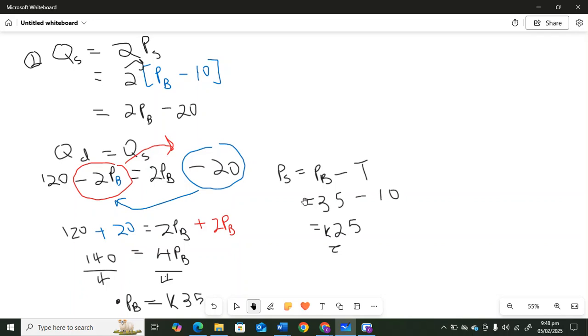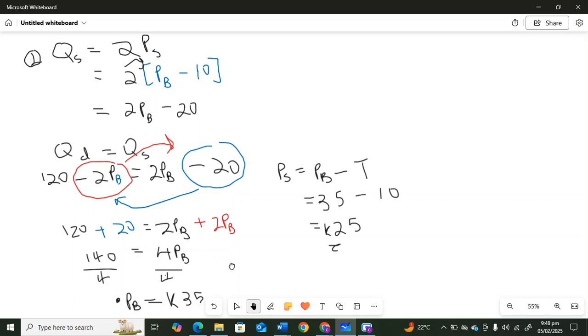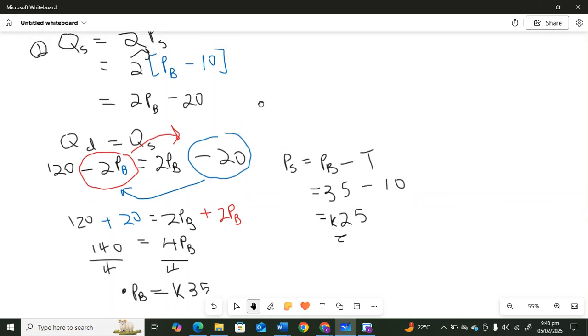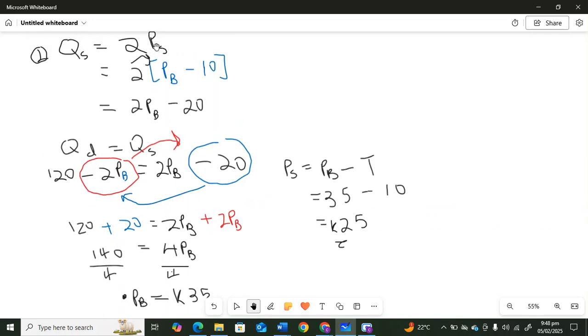Or if you want to use the PB, you can put it in this demand function or the adjusted supply function. So colleagues, which function should we put in to get our quantity? Should we put in the original supply function, the adjusted supply function, or the demand function?